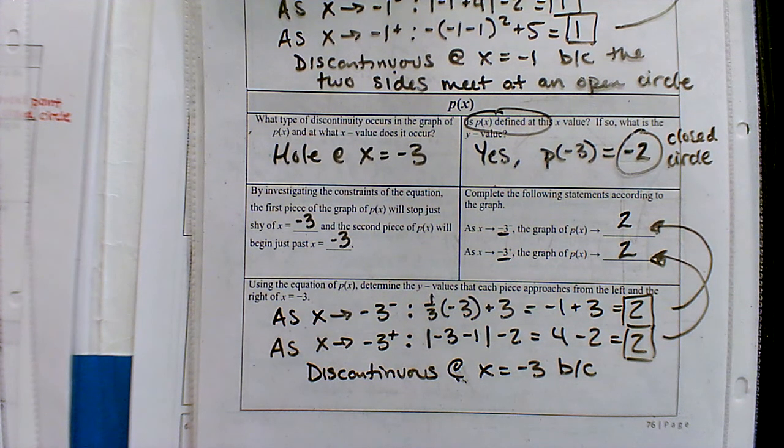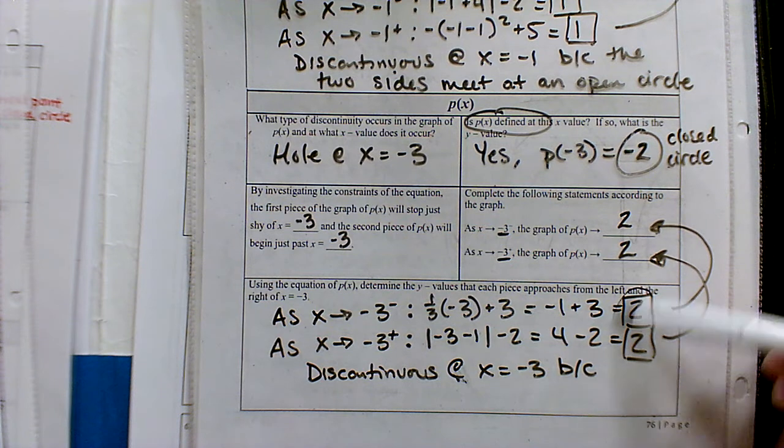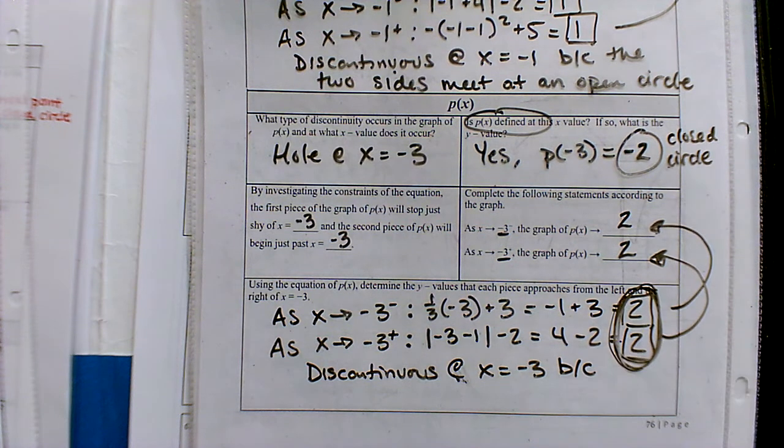They're both approaching 2, but there is not a closed circle at this same spot. Yes, we have a closed circle on the graph, but notice how it's at a different height. It's a different spot. So if the two sides are meeting up, but the point is somewhere down here, wouldn't that cause an open circle to be in the middle where they're meeting up? So you got to look at the numbers and kind of analyze, think about a graph. What would this look like, just in case you didn't have one?